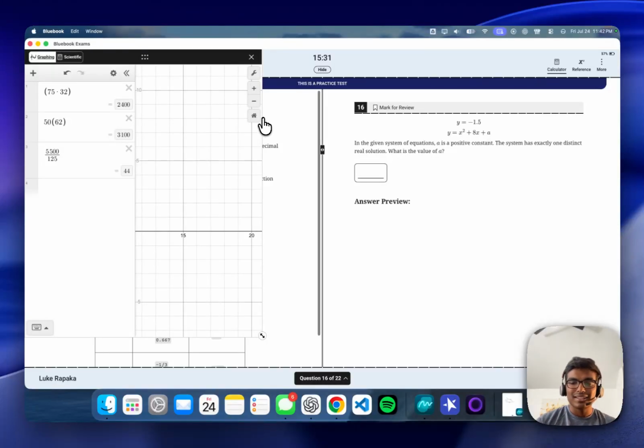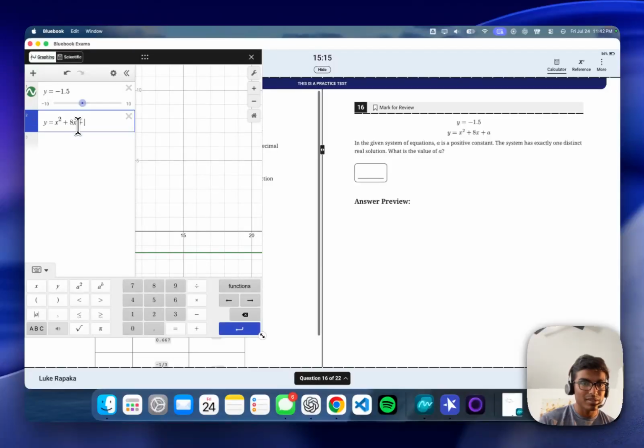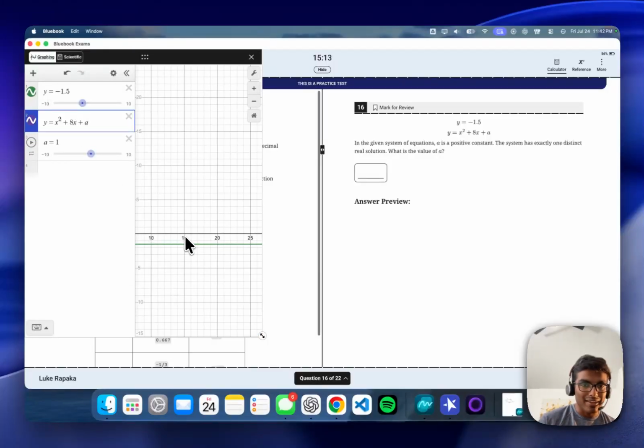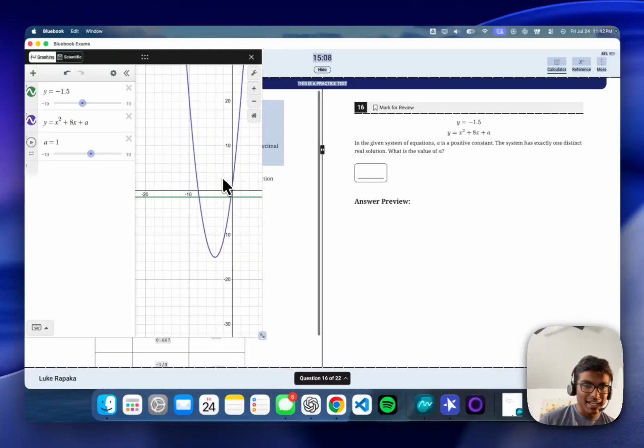Okay, one distinct real solution. So let's graph this out real quick. Y equals negative 1.5. That means these intersect exactly one time. Add a slider A. So that would be this thing, right?